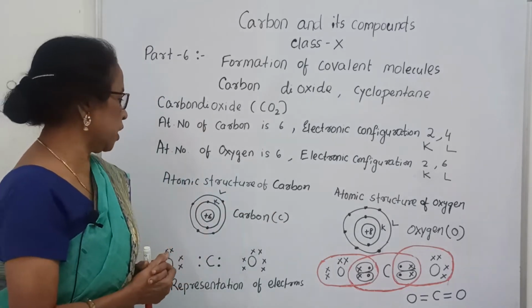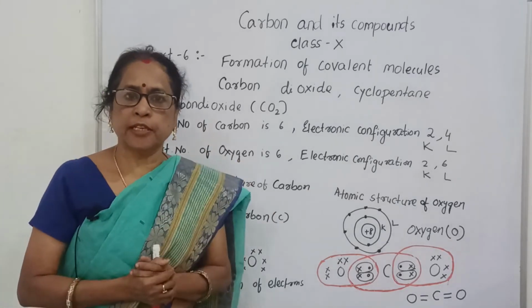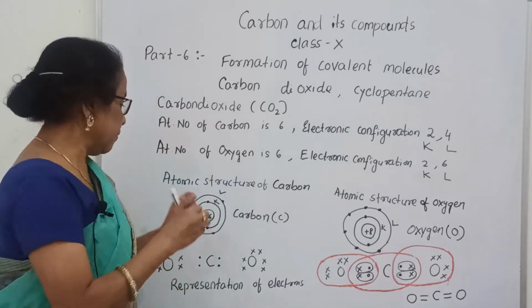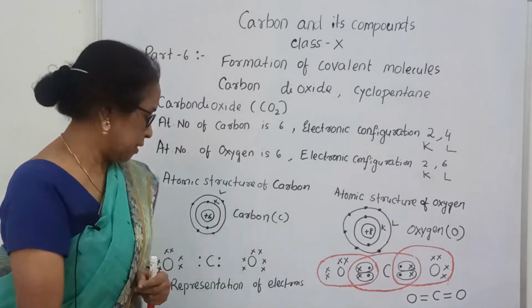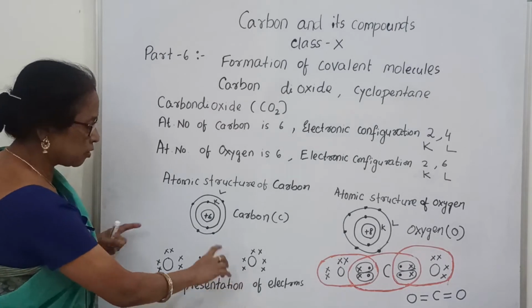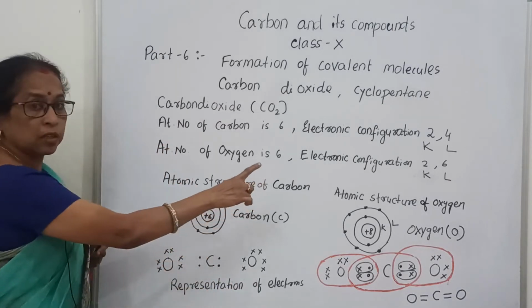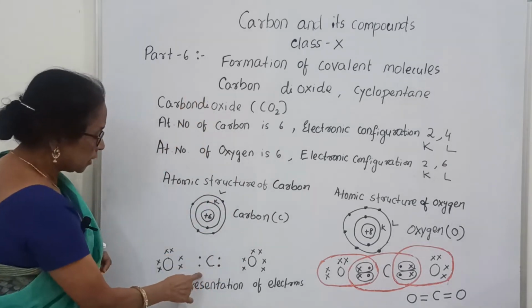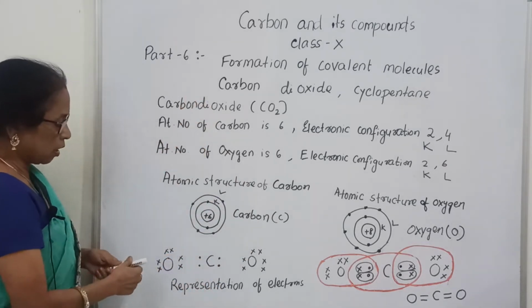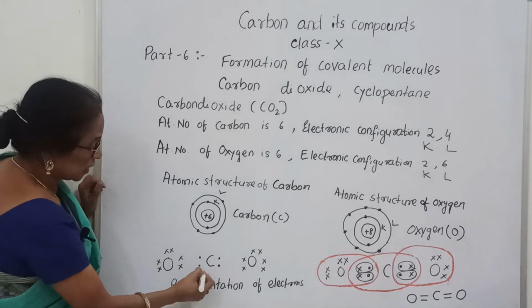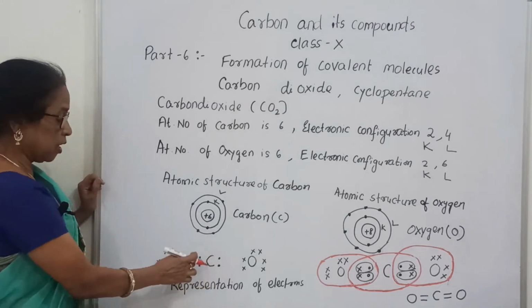Then comes the question: if the electrons are represented in the outermost shell, then what happens after that? Now see, the representation of electrons in the outermost shell. You know carbon has 4 electrons in the outermost shell, so this is the representation of carbon with 4 electrons.